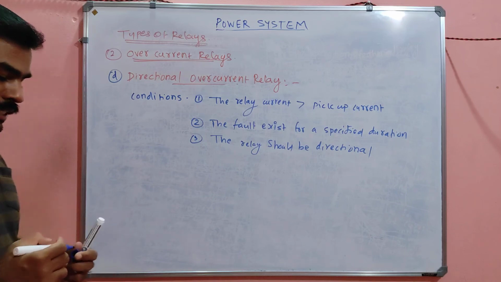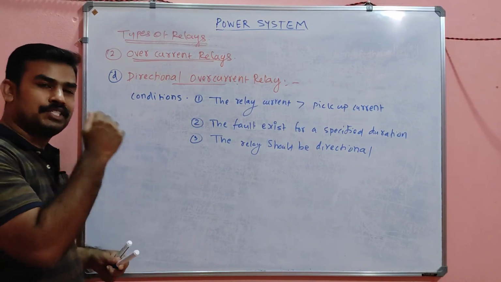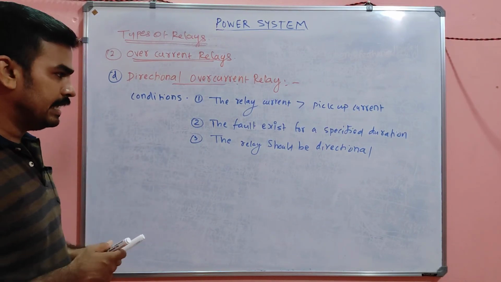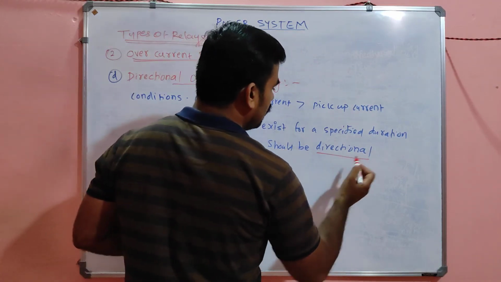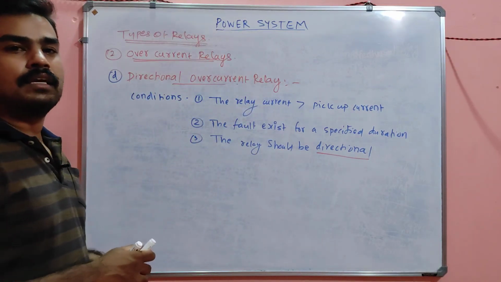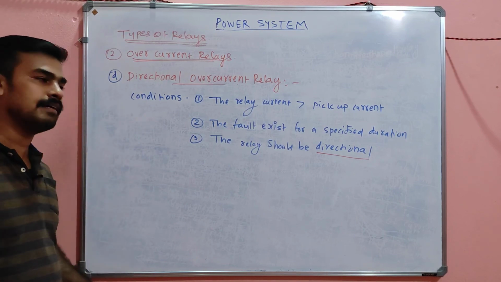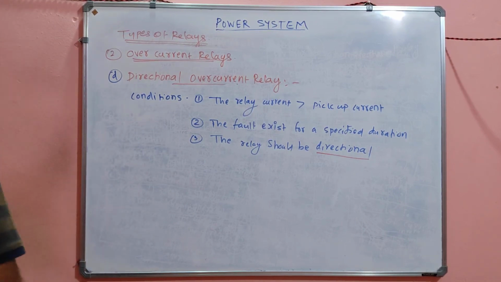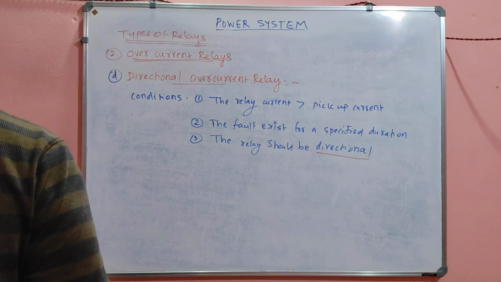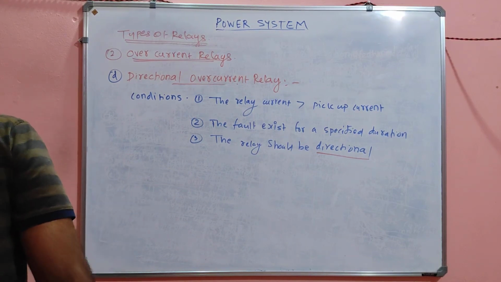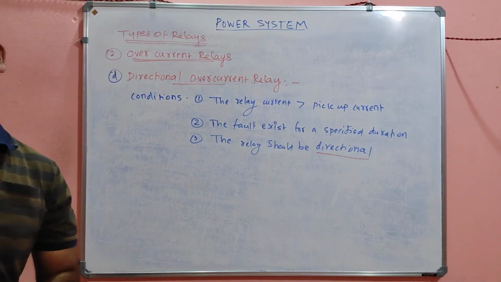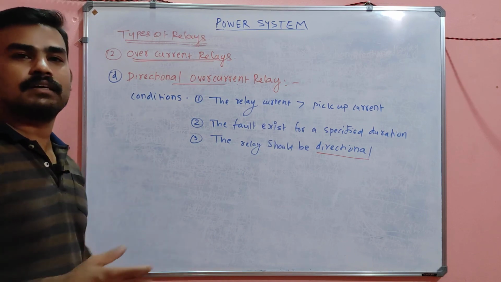If these three conditions are satisfied, that means you have added the direction term, directional, to the definite time relay, and you will get the directional overcurrent relay. That's all. Is it clear, my dear? So that's all about the overcurrent relays.